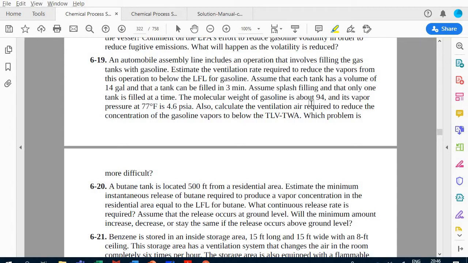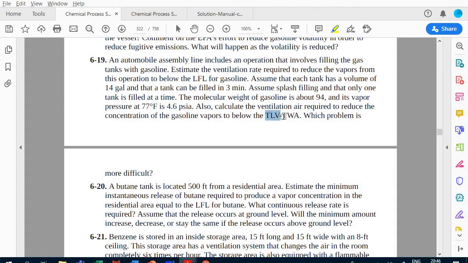The molecular weight of gasoline is about 94, and its vapor pressure at 77 degrees Fahrenheit is 4.6 psia. Calculate the ventilation air, QV, required to reduce the concentration of the gasoline vapor below the TLV-TWA, the threshold limit value. Now we have two things, right?